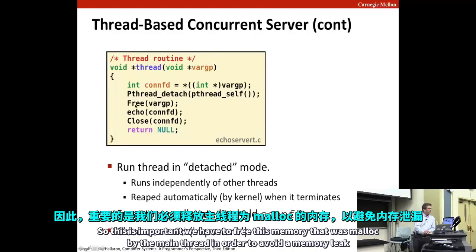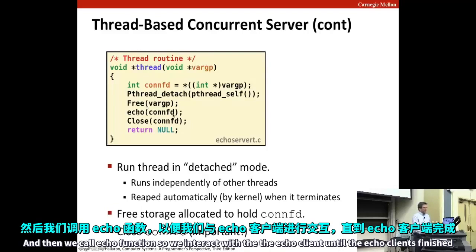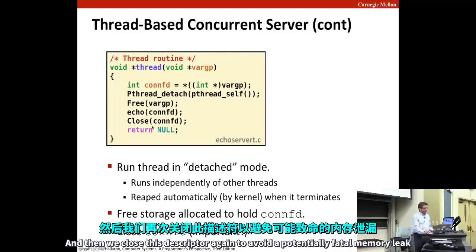This is important. We have to free this memory that was malloced by the main thread in order to avoid a memory leak. And then we call our echo function, so we interact with the echo client until the echo client's finished. And then we close this descriptor, again, to avoid a potentially fatal memory leak.